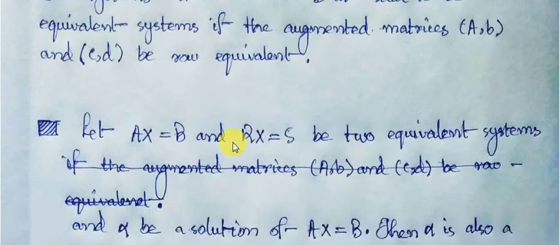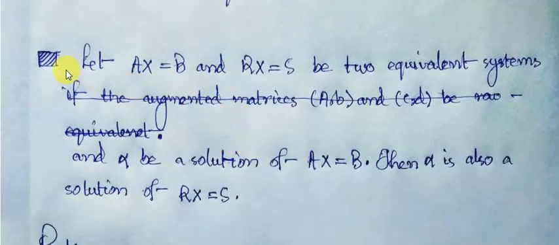And here we shall also become familiar with an important result that everybody has to keep in remembrance. If Ax equal to b and Rx equal to s are two systems of equations that are equivalent systems, and if we have a solution for any one of these two systems, then that solution would also be a solution for the other system.